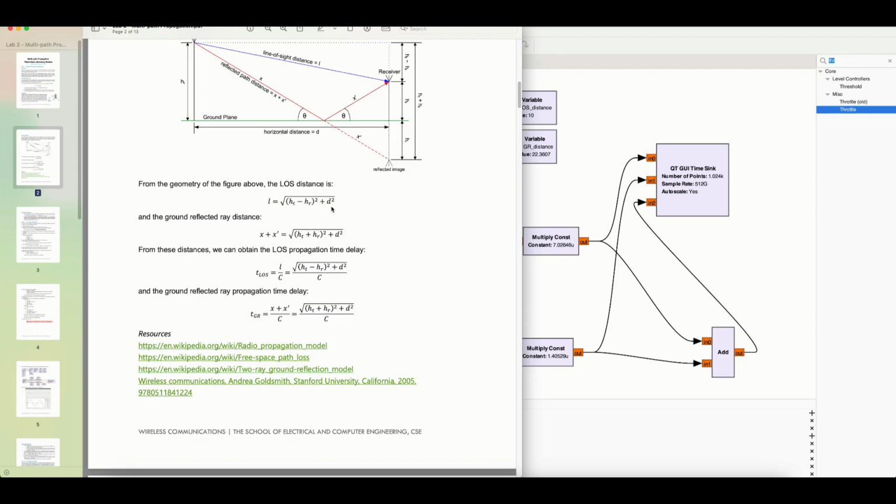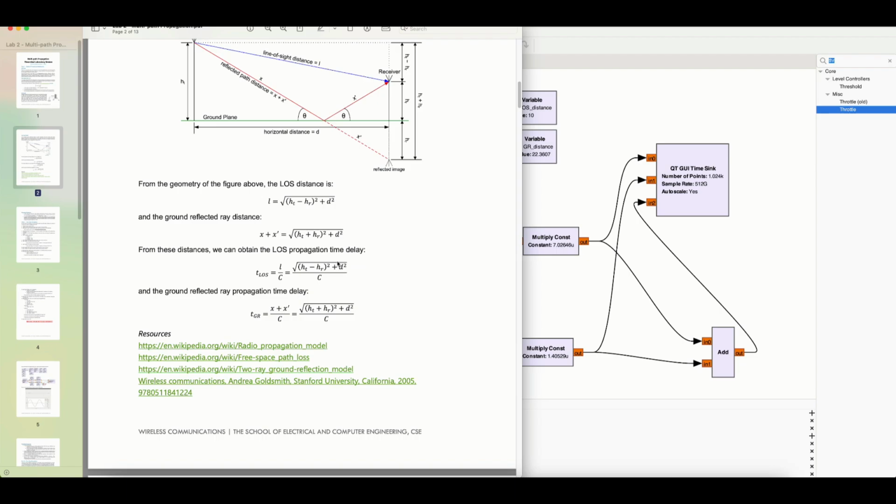Just remember that for line of sight it is ht minus hr, the height of your transmitting antenna minus the height of your receiving antenna, squared, plus the distance between your transmitting antenna and your receiving antenna, squared. For your ground reflected wave, that distance would be the square root of (ht plus hr) squared plus d squared. Now instead of subtraction, you will have addition.